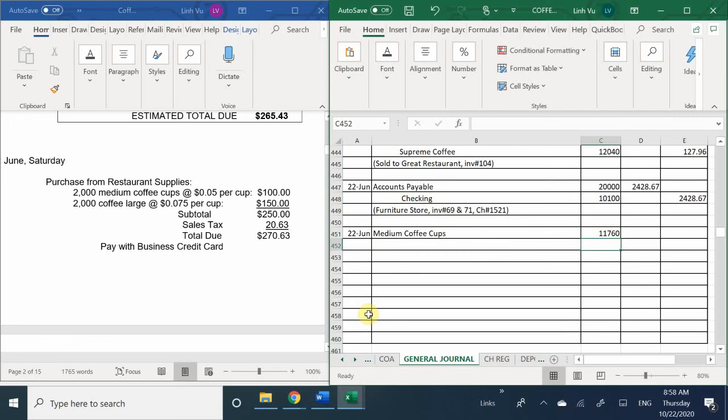And large coffee cups, 11,765. Good. Credit Visa payable.